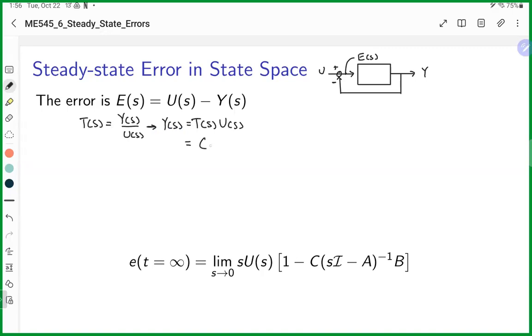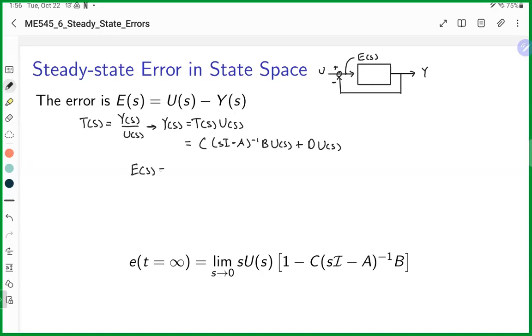And when we plug in the definition of the transfer function from earlier, we get this: C times (sI minus A) inverse multiplied by B, multiplied by U of s, plus D times U of s. Then we plug this into the above equation.